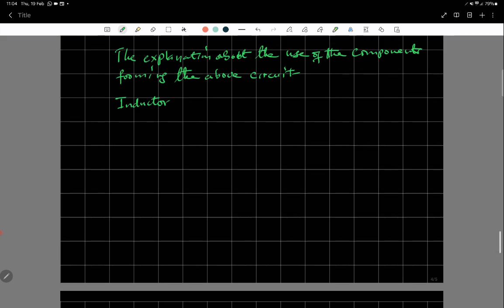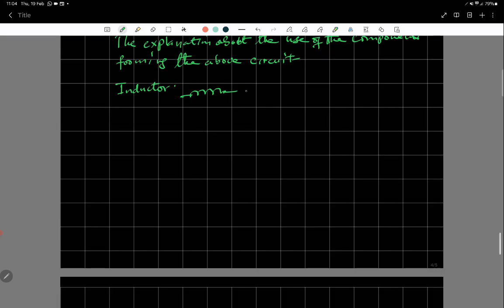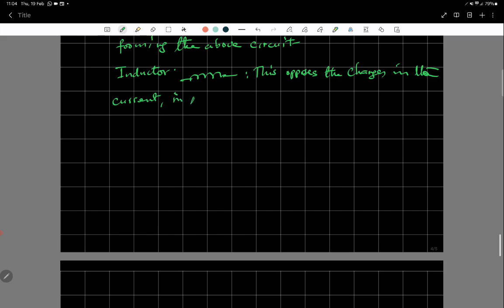An inductor is just a coil. It is represented like this in a circuit. So this opposes changes in the current. This is because in an AC circuit the current changes.